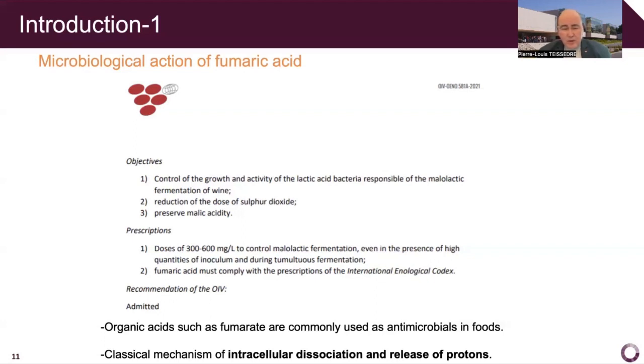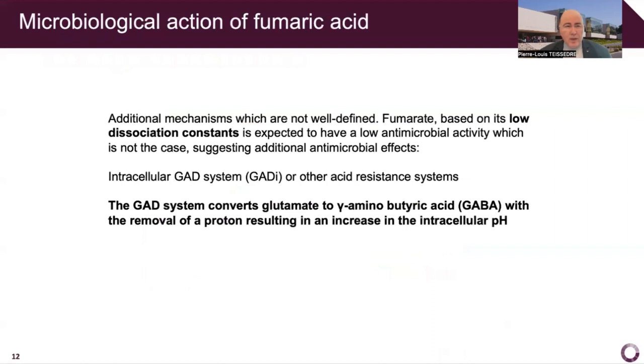antimicrobials in foods. And there is the classical mechanism of intracellular dissociation and release of protons. In fact, in the microbiological action of fumaric acid, we can say that there are additional mechanisms which are not so well defined. But fumarate, based on its low dissociation constant, is expected to have a low antimicrobial activity, which is not the case, suggesting an additional antimicrobial effect.